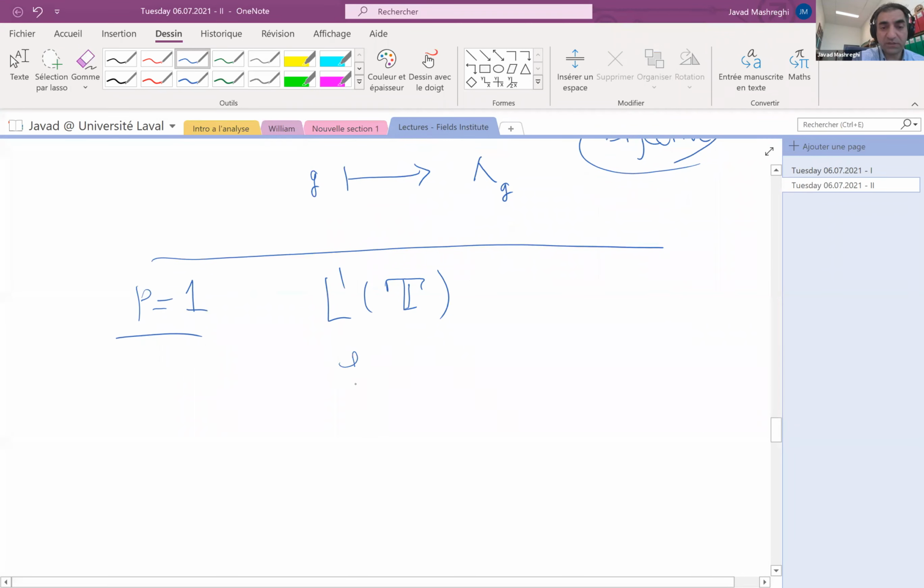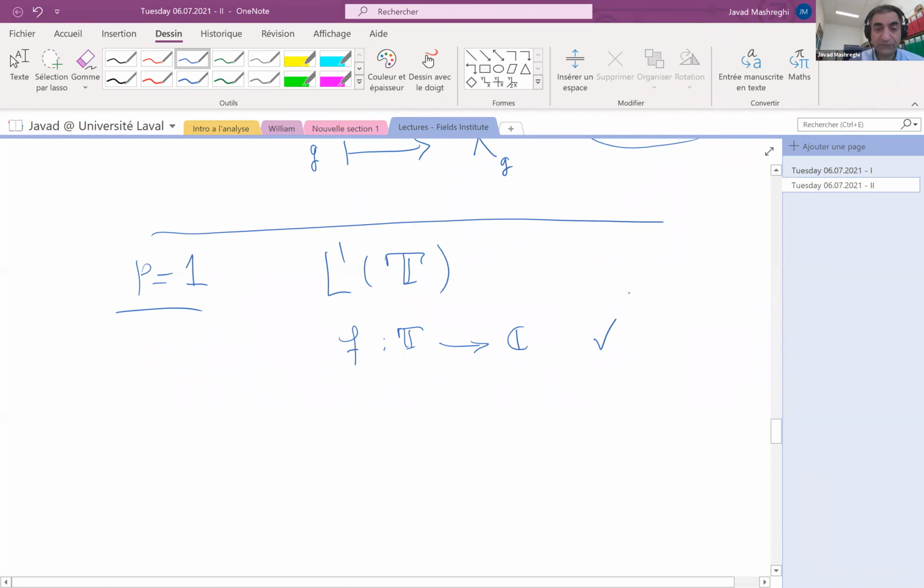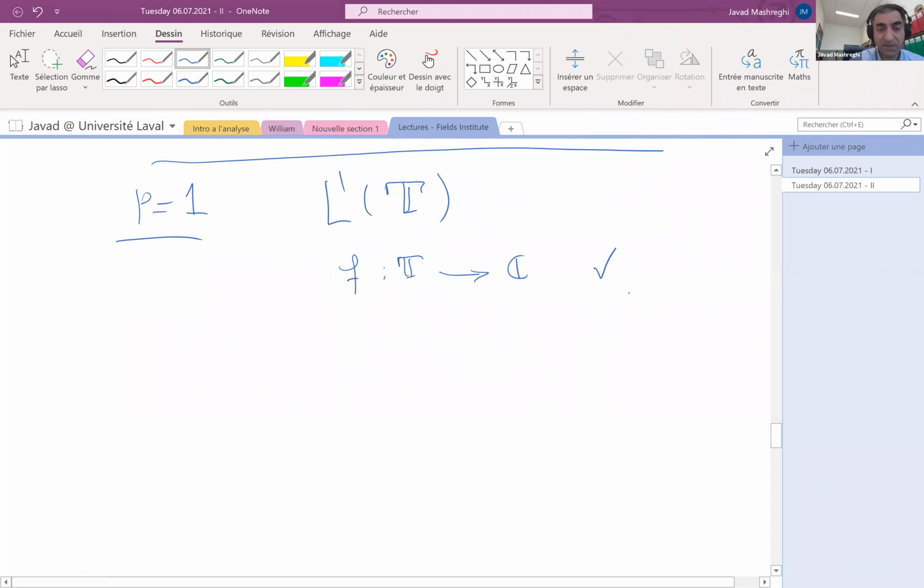One way, we can consider f as a function defined on T with values in C. This is the point of view that we adopted before.